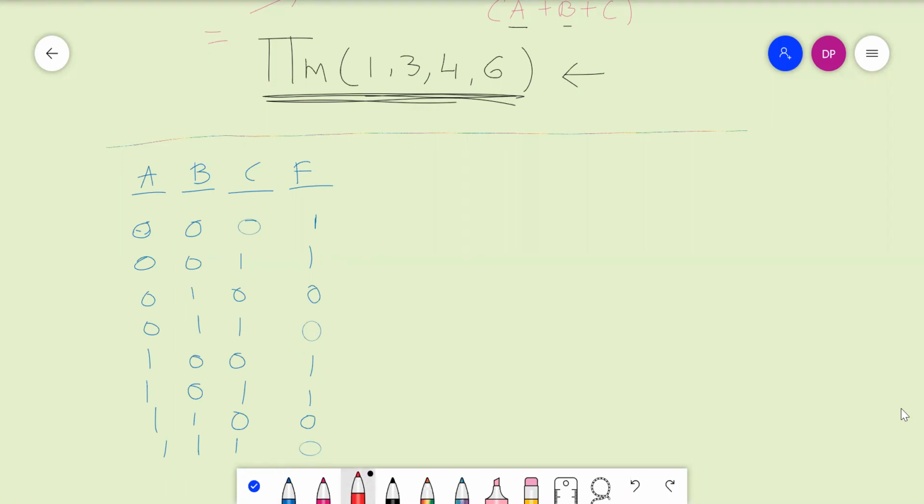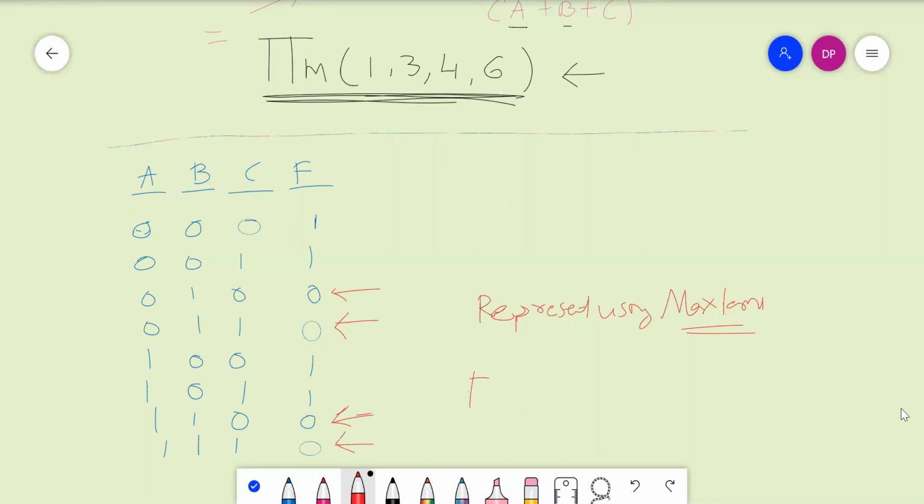Now represent it using max terms. Max term means which ones you have to choose, these combinations.